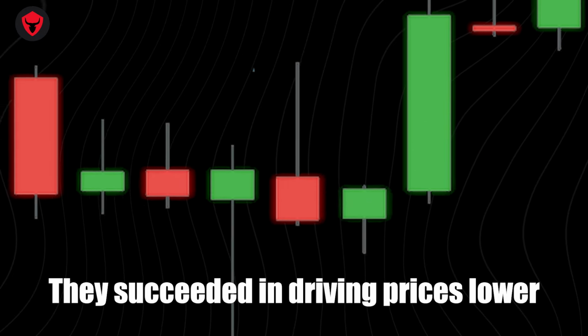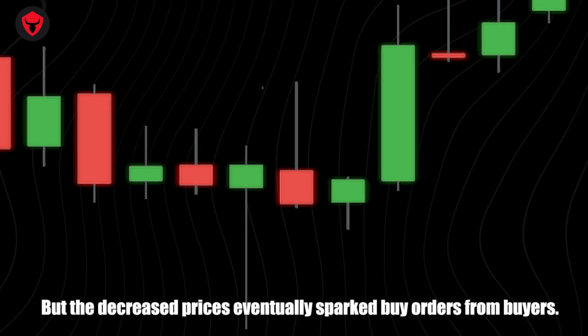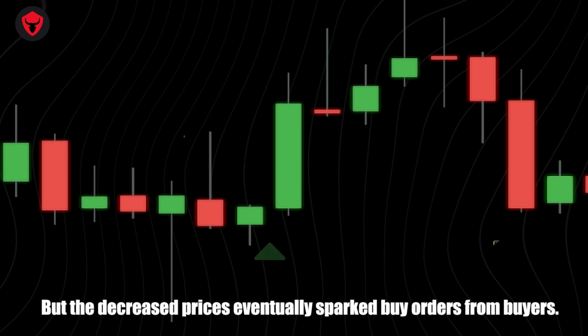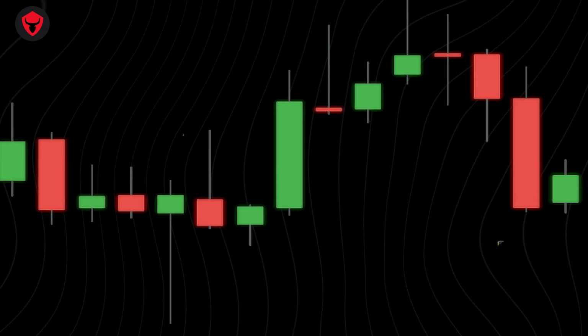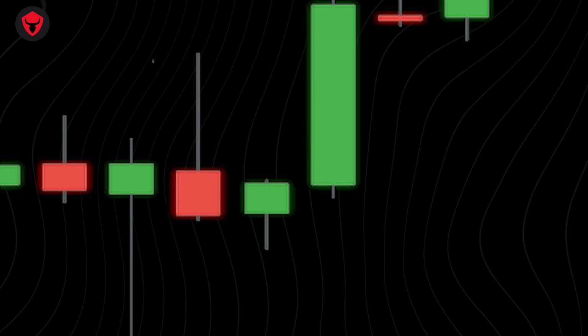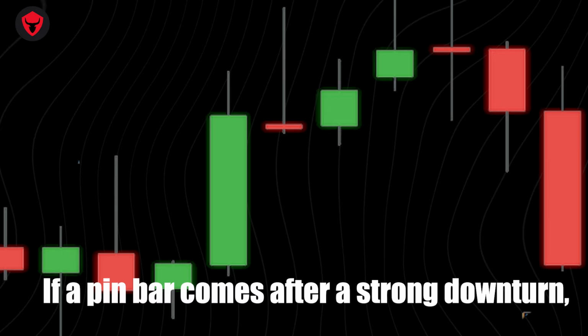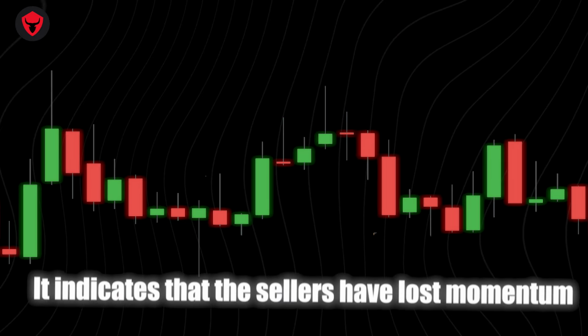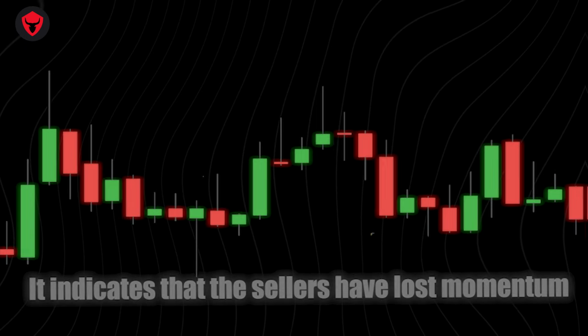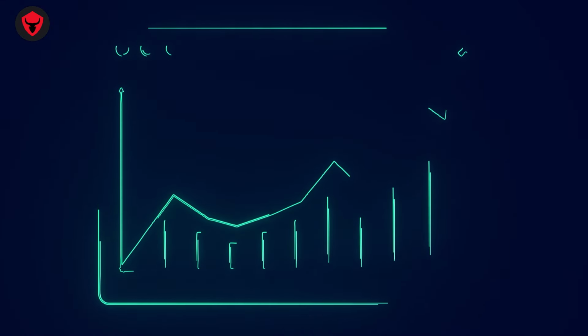They succeeded in driving prices lower, but the decreased prices eventually sparked buy orders from buyers. The buyers, being substantially stronger than the sellers, pushed the price over the open. As a result, the purchasers traveled a greater distance than the sellers, showing that they have interfered and are looking to raise the price. If a pin bar comes after a strong downturn, it indicates that the sellers have lost momentum and buyers are now moving in to push the market higher.